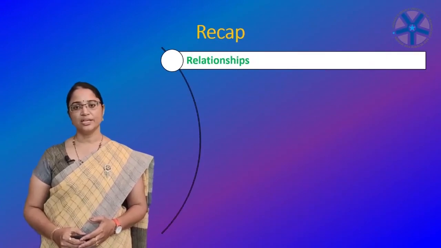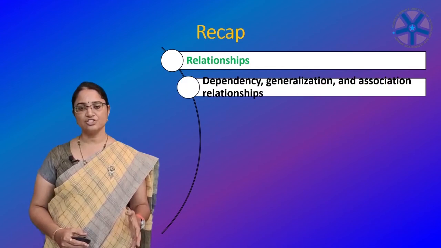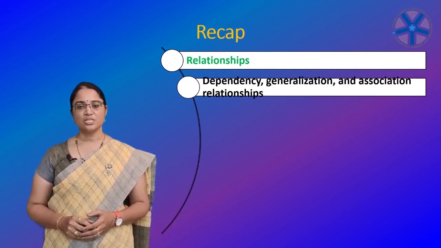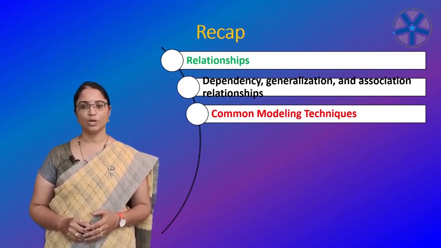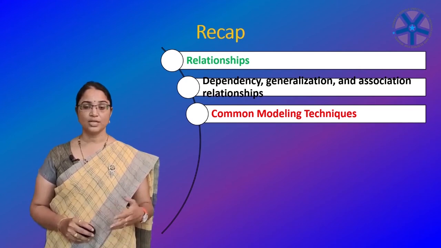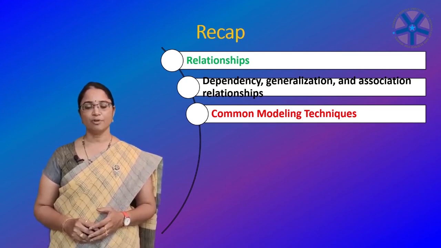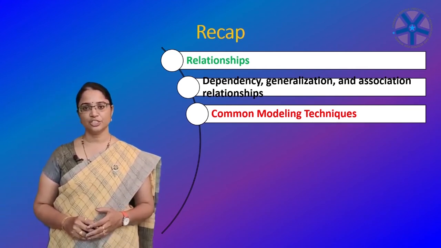Next we have seen the relationships. In the relationships we have discussed dependency, generalization and association relationships. And we have seen the common modeling techniques: modeling simple dependencies, modeling single inheritance, modeling structural relationships and creating a web of relationships. This is what we have discussed in the relationships chapter.